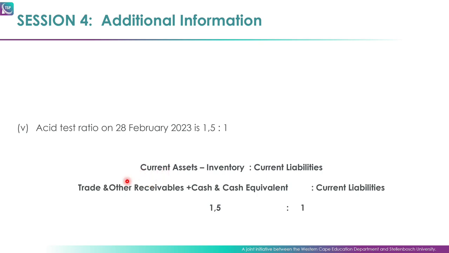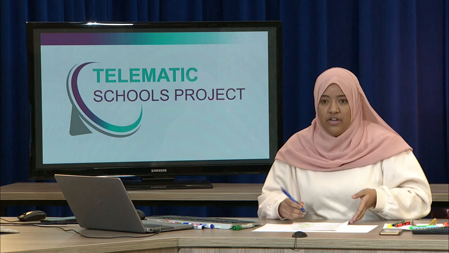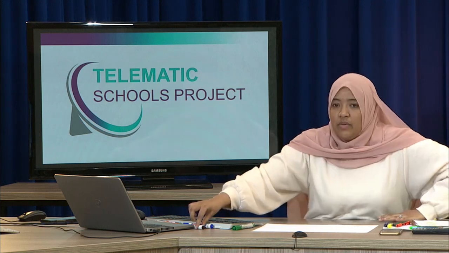It can be your trade and other receivables plus your cash and cash equivalents, compared to your current liabilities. Similar to the one before, trade and other receivables are debtors, accrued income, and any prepaid expenses, and anything equivalent to cash. They say it's 1.5 times greater than the current liabilities. So I just want to show you a little picture. Let's really draw that on this sheet. So what does this mean?